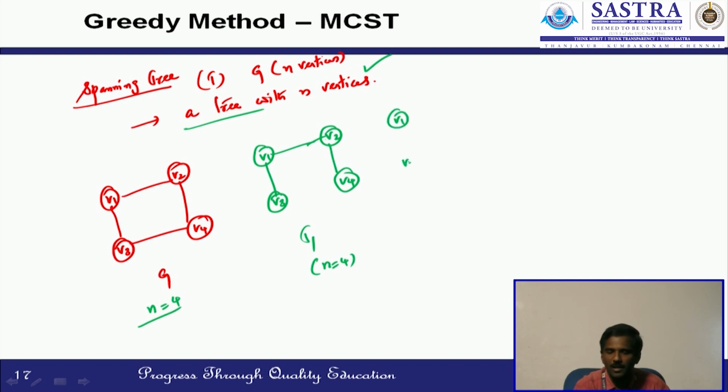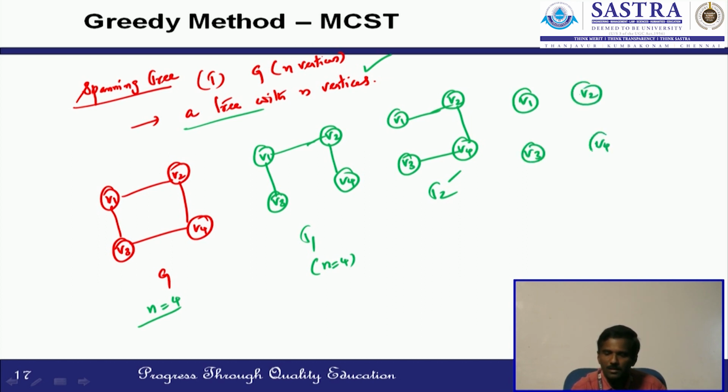Likewise, we can draw V1, V3, V2, V4. We draw like this. This is, say, T2. T2 is also a spanning tree since all the 4 vertices are connected to form a tree. Then if we draw V1, V2, V3, V4, this is said to be T3.